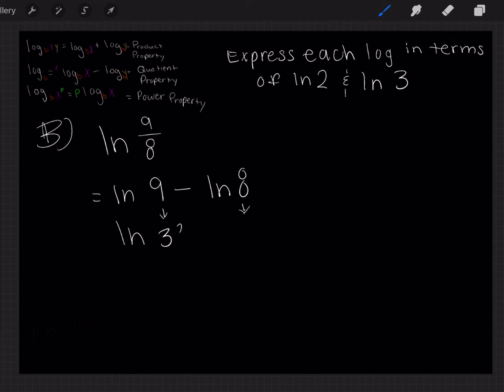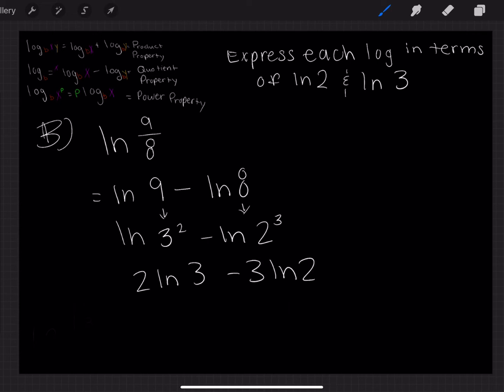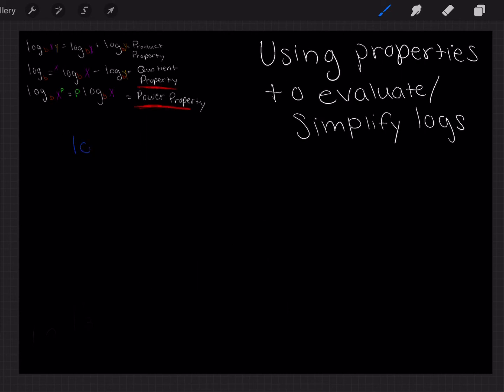So now we can use that same power property and move the exponents in front of the ln's. So 2 ln of 3 minus 3 ln of 2. It is minus because, as shown in the quotient property, the division makes it minus while multiplication makes it plus. So that is our expression.